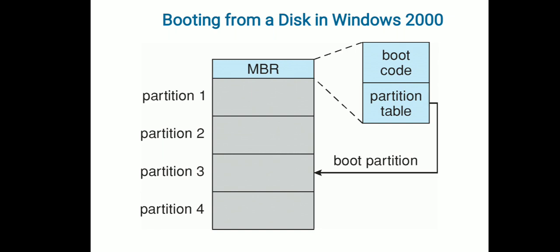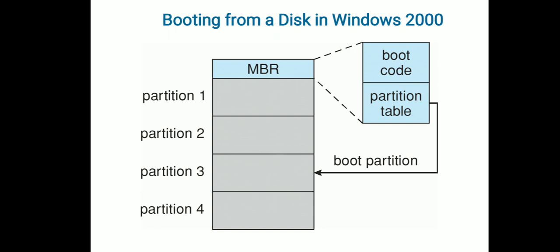That is what MBR is, the master boot record, which has the boot code and the partition table. Based on the partition table, the disk will be partitioned, and whenever any data enters, it is added into the partition table, and from there the boot partition happens and it splits into the number of partitions of the disk. This is for Windows 2000.